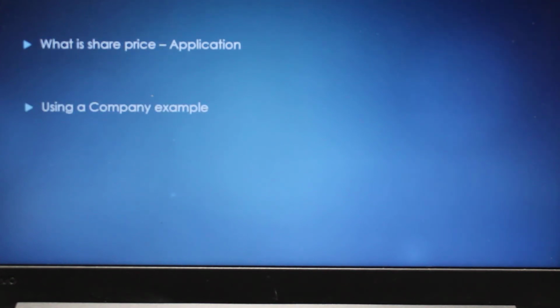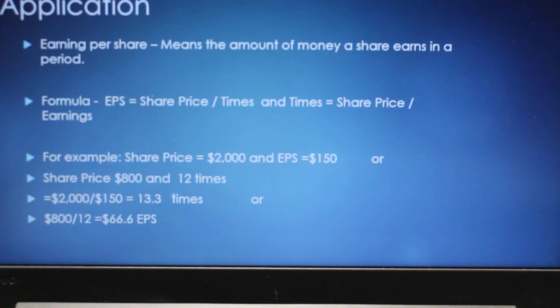We're going to look at what share price is and its application in terms of the concept of earnings per share, and we're also going to use a company example. So earnings per share means the amount of money a share earns in a period.